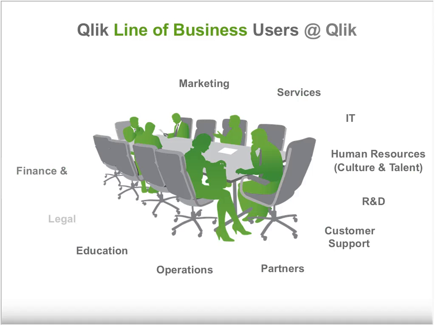So, yeah, we use Qlik across the whole business, including sales, but also pre-sales, finance and accounting, legal, education, and so on. One of the most important aspects of leveraging Qlik across these functions is making sure that people looking at a line of business Qlik application, such as in marketing, services or finance, use common data definitions, such as customer or salesperson or pipeline, so they see the same numbers regardless of which application they look at.